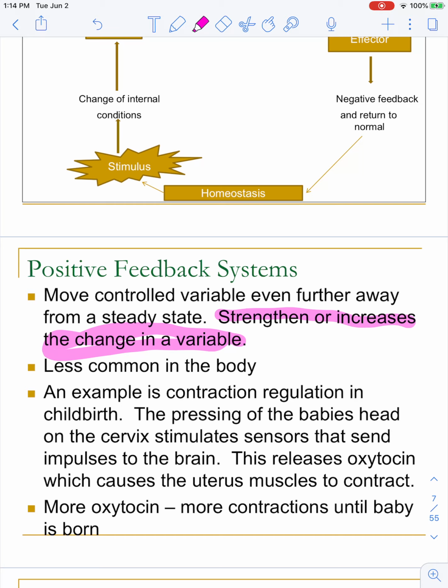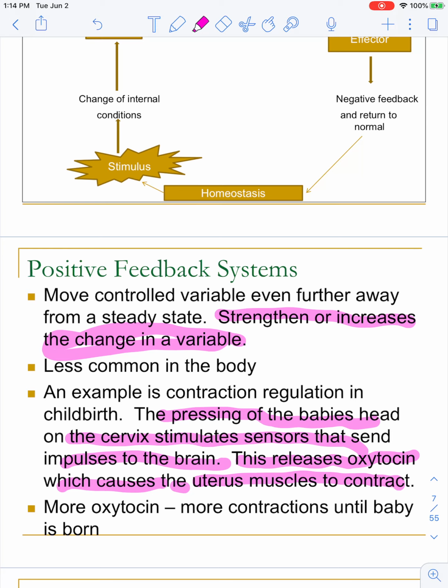But a good example of a positive feedback system is contractions which regulate childbirth. So in this case, the pressing of the baby's head on the cervix stimulates the sensors that send impulses to the brain. That releases a hormone, which we're going to make friends with in a little while, called oxytocin, which causes the uterus muscles to contract. Okay, so uterus muscles contracting harder and harder and harder is obviously moving away from the set point where your uterus muscles are not contracting.